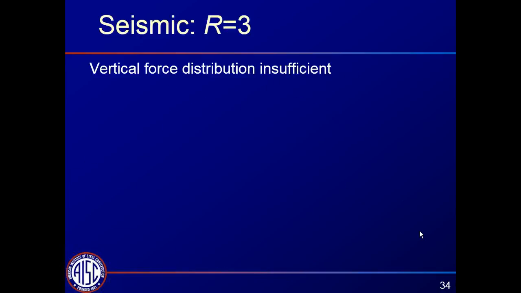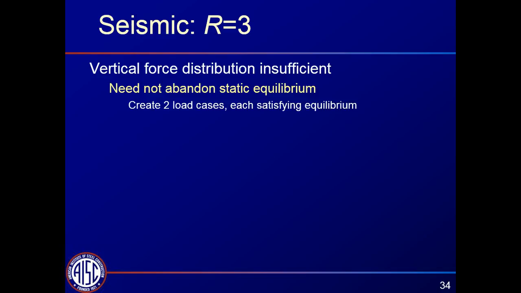Okay, so as we said, the vertical force distribution is insufficient. We will therefore look at both the vertical force distribution and the F sub P force, but we're going to look at them separately in two different load cases, and I'll explain a little bit further.